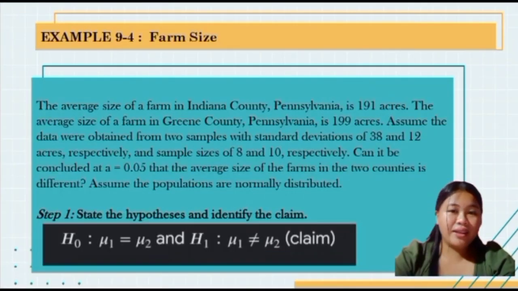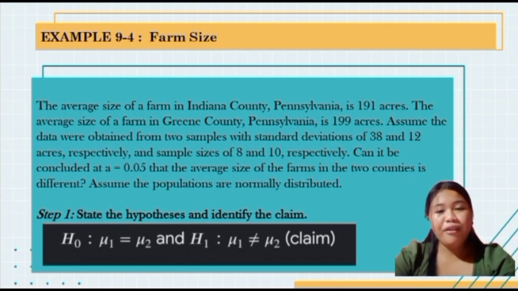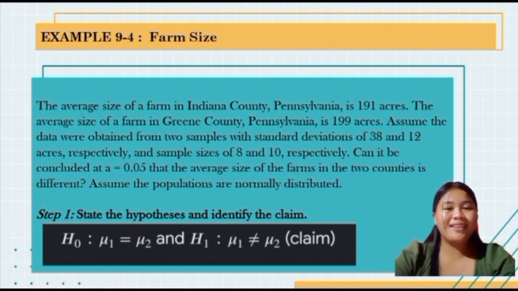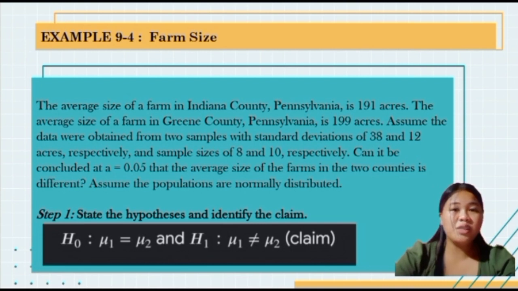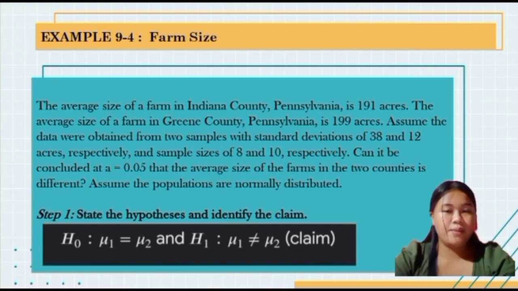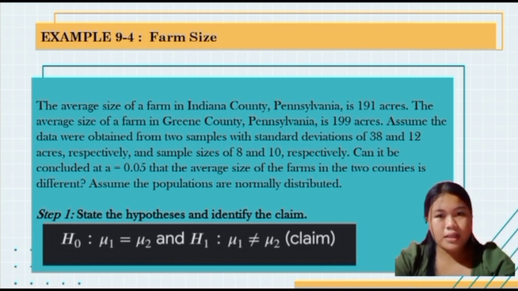Now, let's try this problem. The average size of a farm in Indiana County, Pennsylvania is 191 acres. The average size of a farm in Greene County, Pennsylvania is 199 acres.